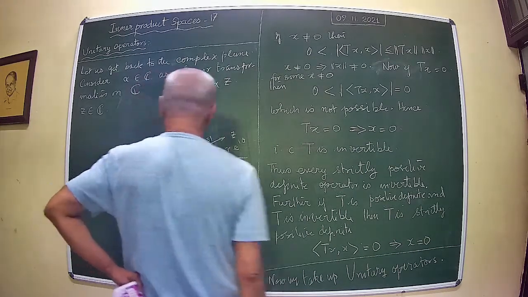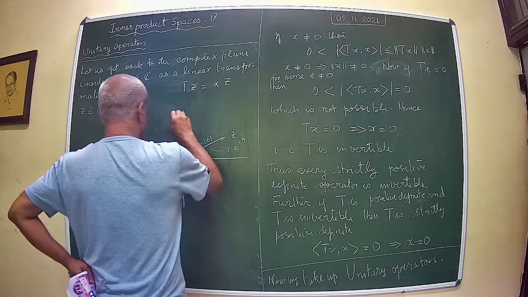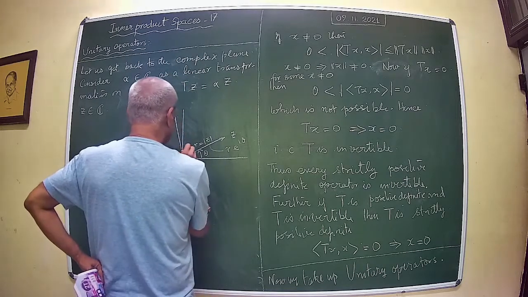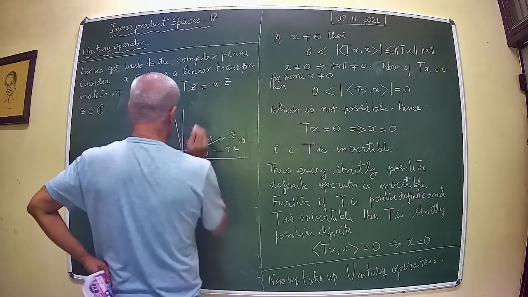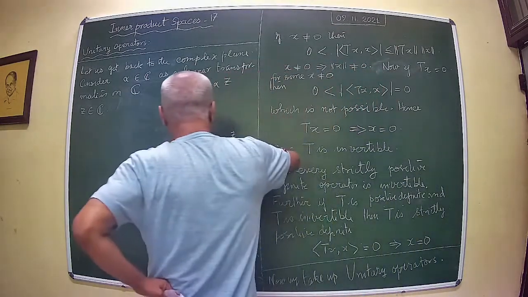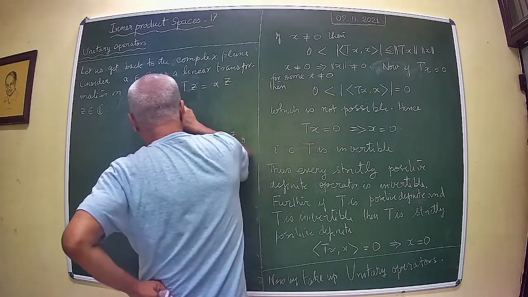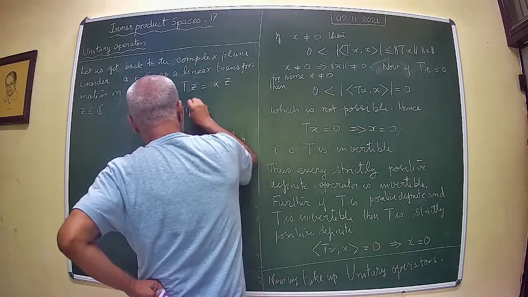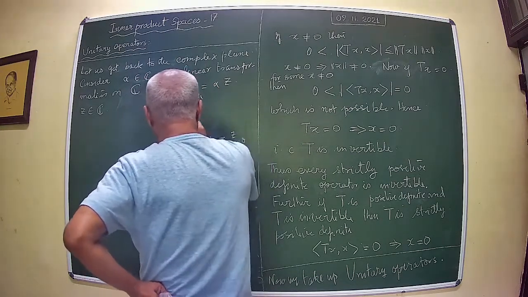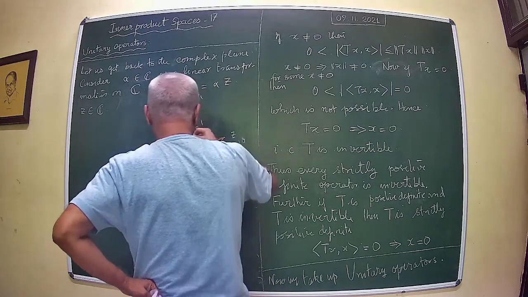Now take any alpha. This angle is theta 1, and then alpha equals R1 e to the power i theta 1, so R1 is equal to mod alpha.